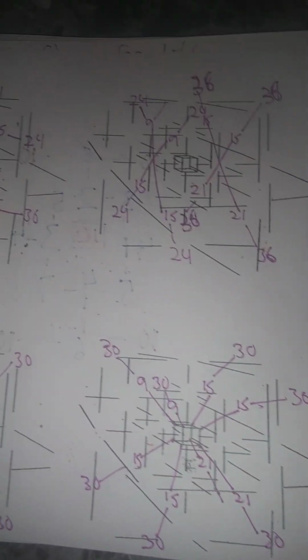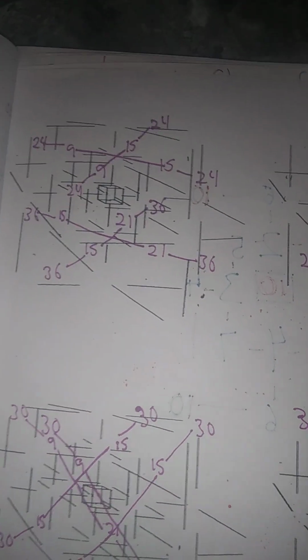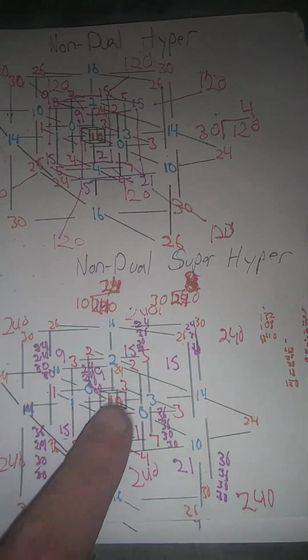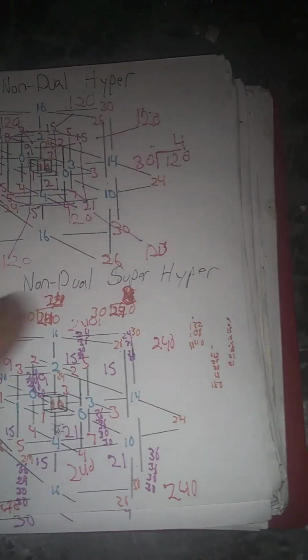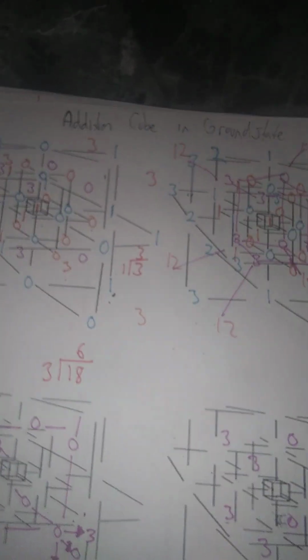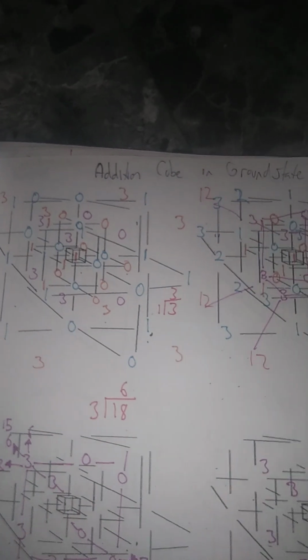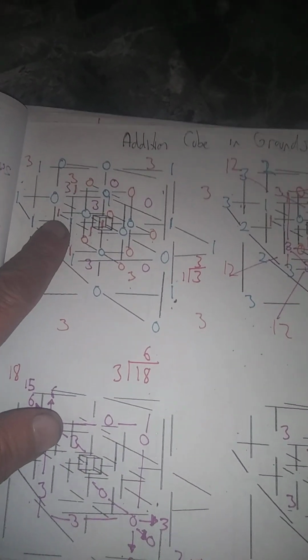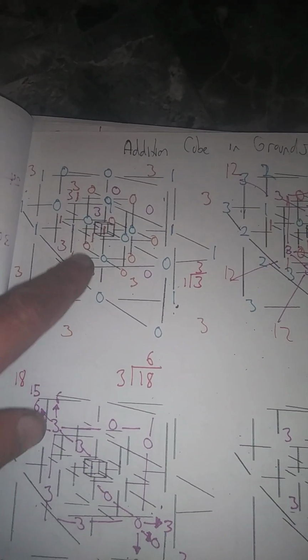And these are the backbones, or foundational to the super-hyper. But addition cubes in their ground state would have only 1 and the rest zeros.